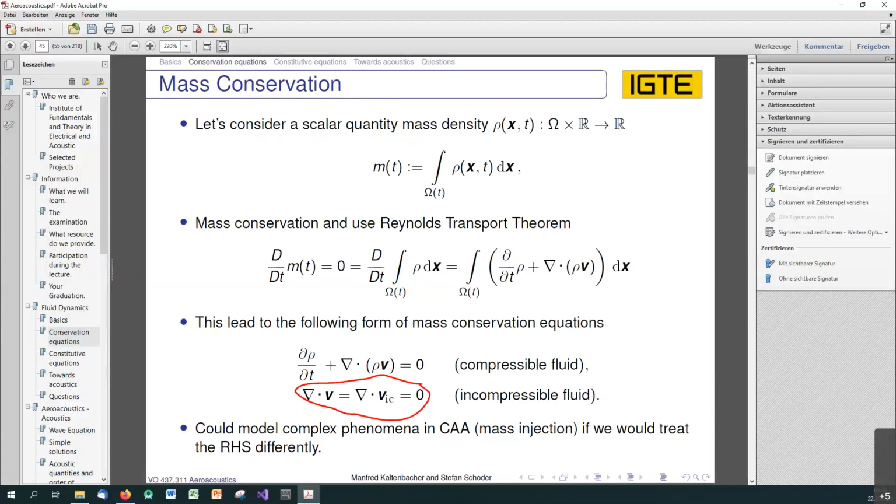So this equation is a scalar equation, and it means that we can obtain with this equation one unknown. But as we have here the velocity, we have already 3 unknowns, so we have 1 equation and 3 unknowns. This is more or less bookkeeping that I'm doing now.